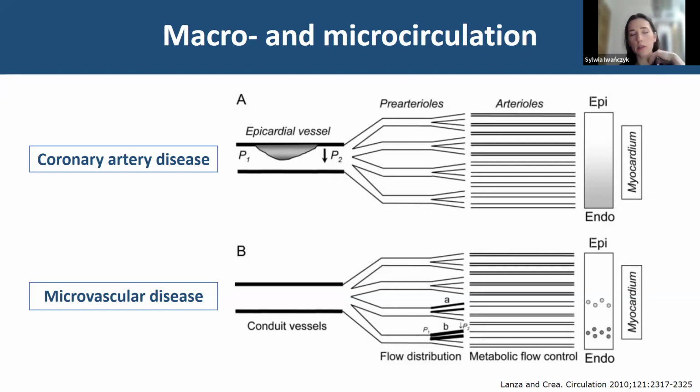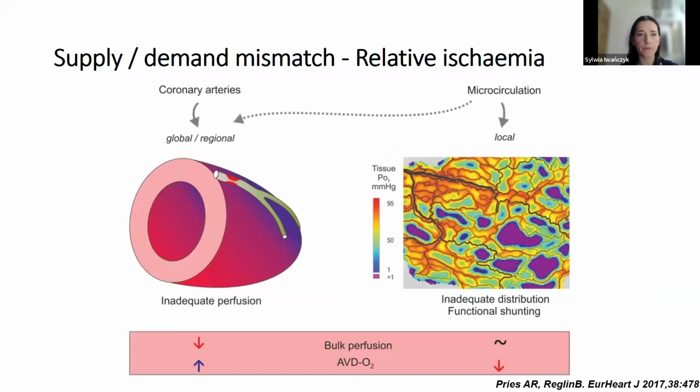And so we can see myocardial ischemia and contractility disturbance in echocardiography or other imaging tests. But for microvascular disease, it's more difficult, and there are no diagnostic or imaging tools to visualize microvascular disease directly.